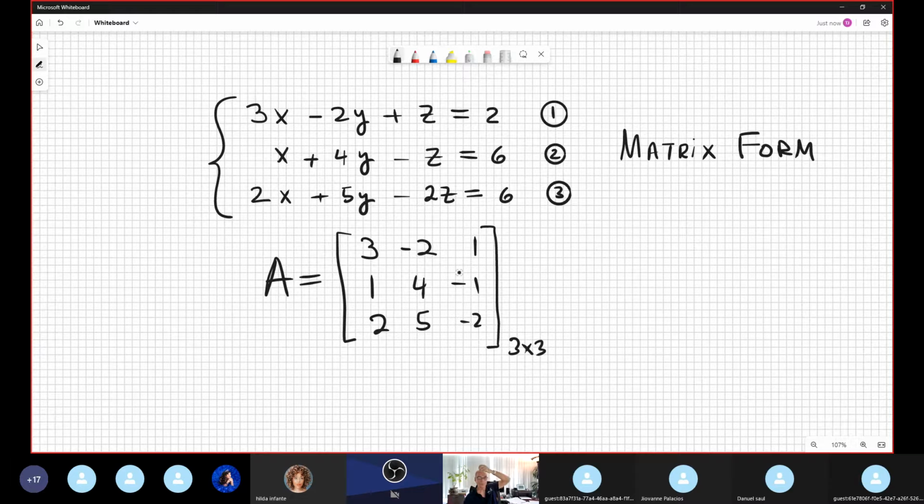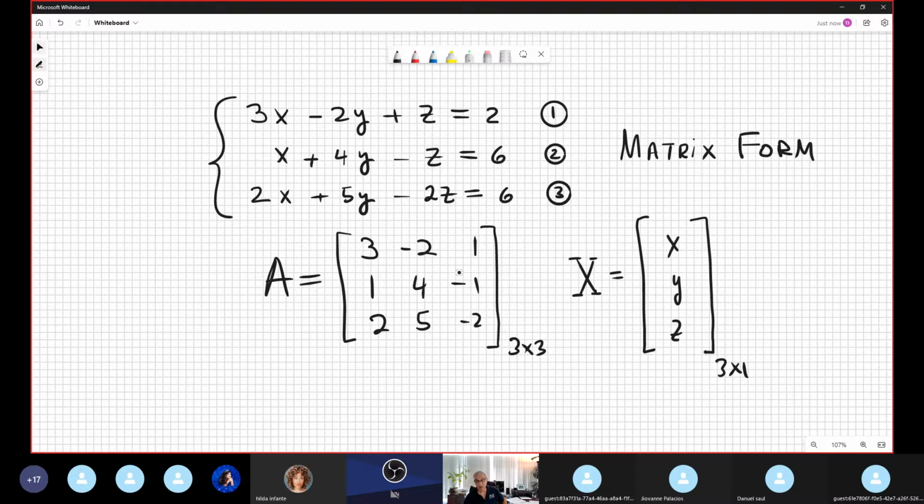Okay. Now, I declare one weird thing, capital X. Capital X is a new matrix, actually not a matrix, it's a vector, formed by the variables X, Y, and Z. So when you call capital X, it's a column vector, 3 by 1, formed by the variables X, Y, and Z. Depending, no?